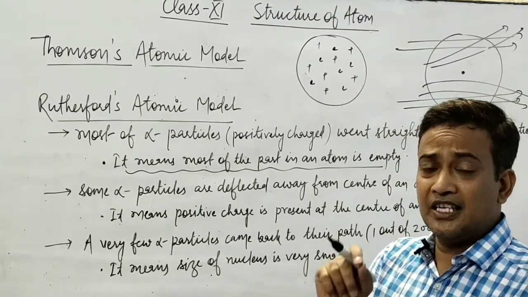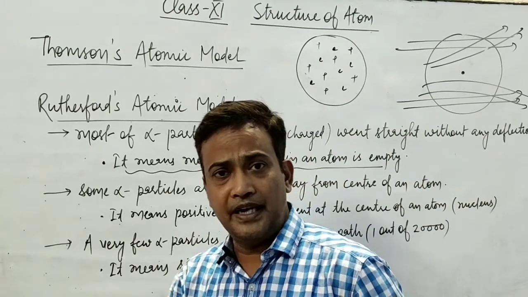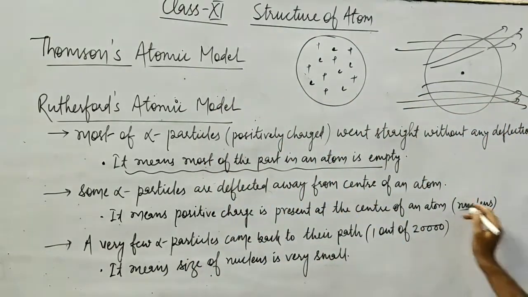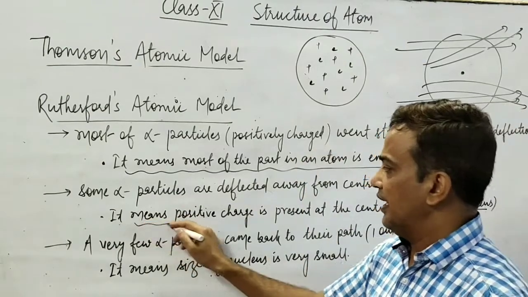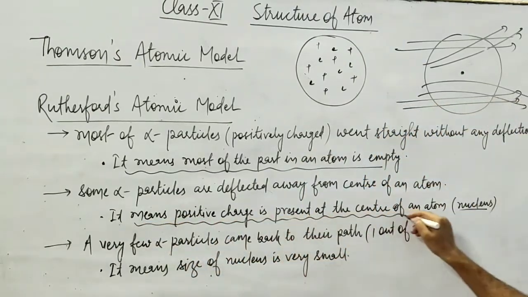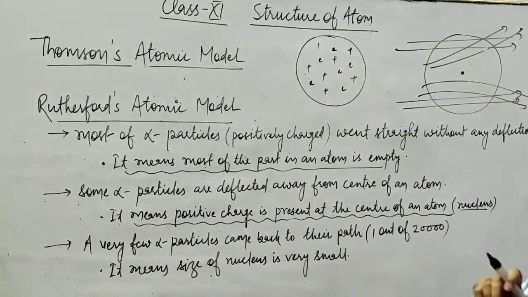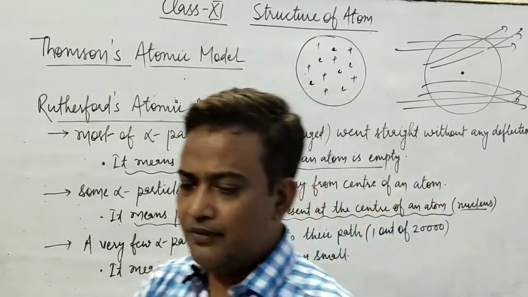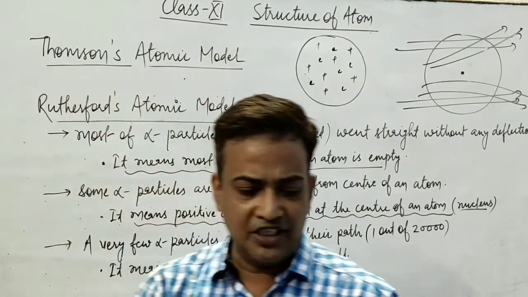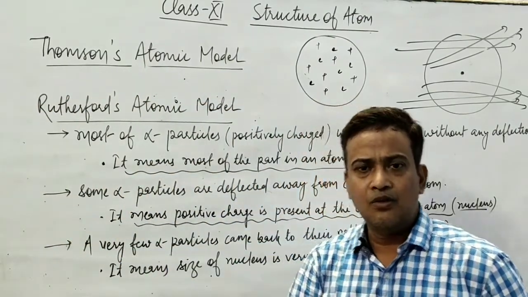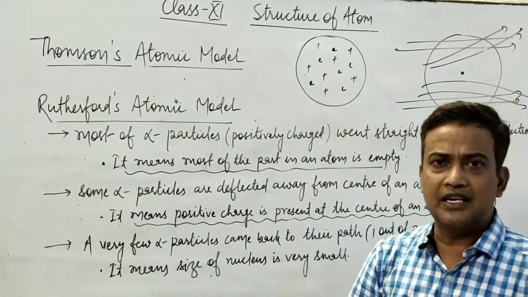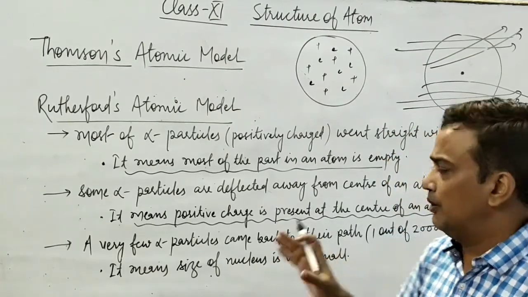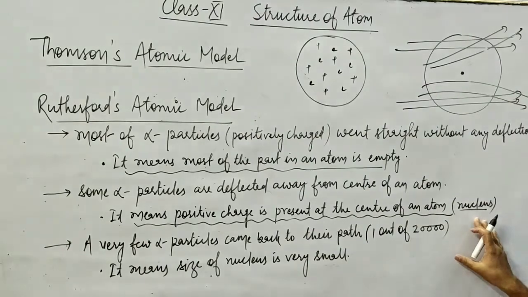This positively charged species at the center of an atom was later on known as the nucleus. So the conclusion from this observation is that positive charge is present at the center of the atom. Later on, protons and neutrons were assumed to be present in the nucleus.